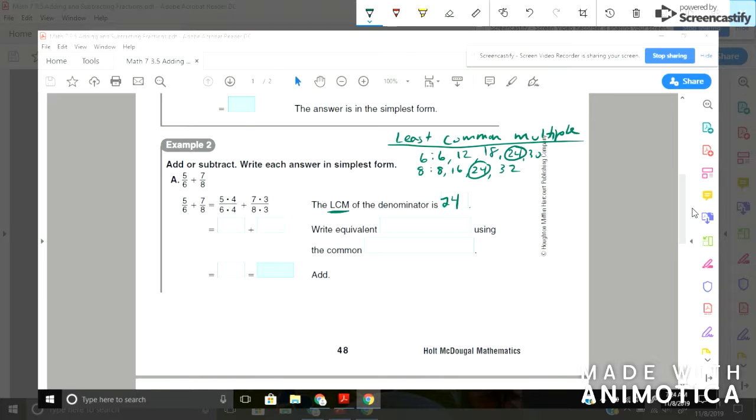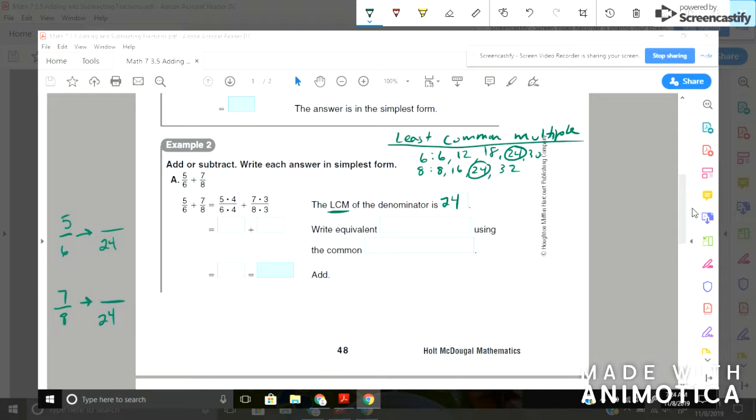All right, so in other words, I'm going to try to get 5/6 into an equivalent fraction, but now I'll write it with a denominator of 24. And I'm also going to try to get my other number, 7/8, into an equivalent fraction written as 24ths.